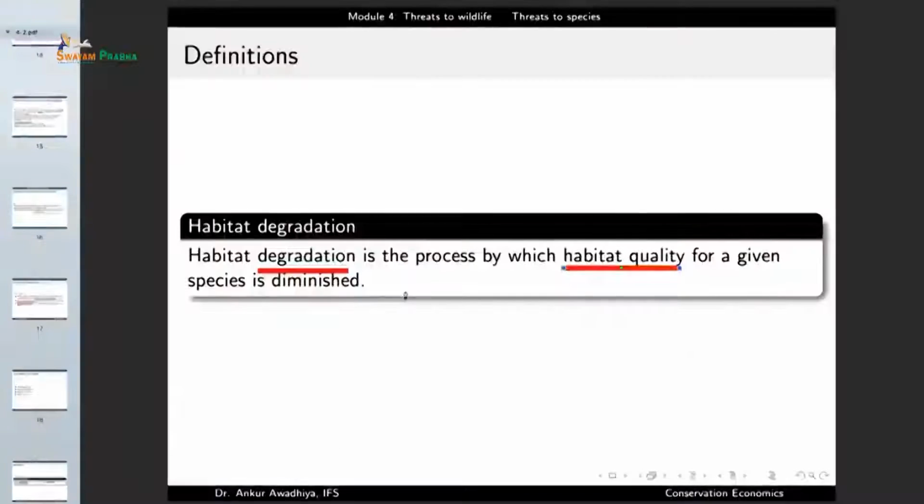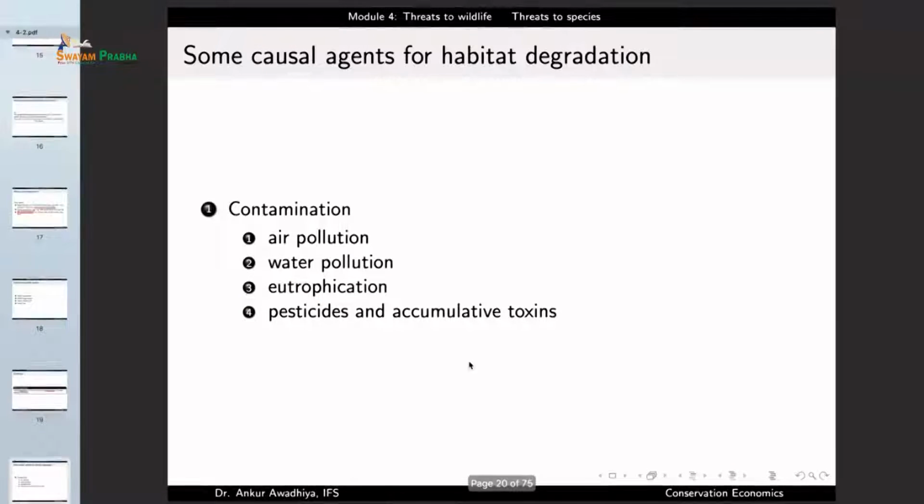In place of supporting 1,000 individuals, it can now only support 800 individuals. When such a thing happens, we say that the habitat has become degraded. The quality has gone down because of which this habitat is unable to support the large number of individuals and species that it was able to support beforehand. So it is the process by which habitat quality for a given species gets diminished.